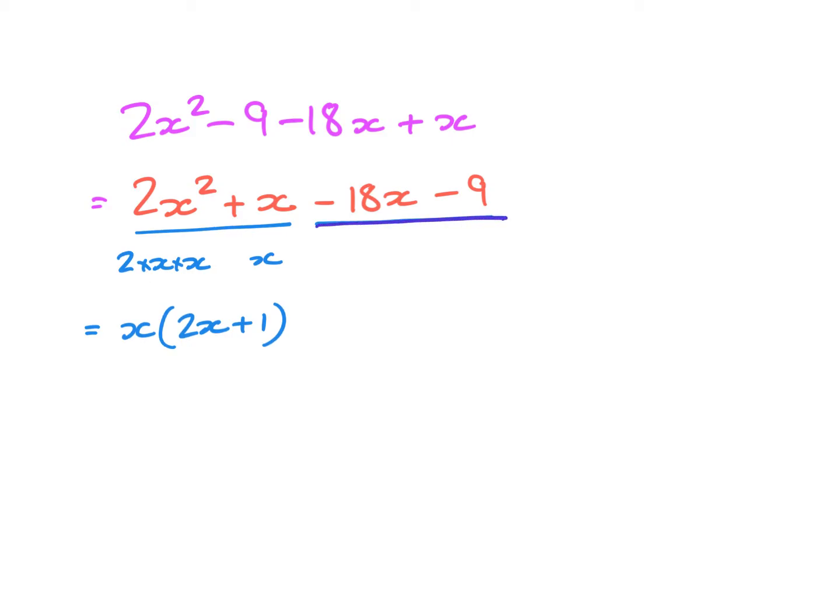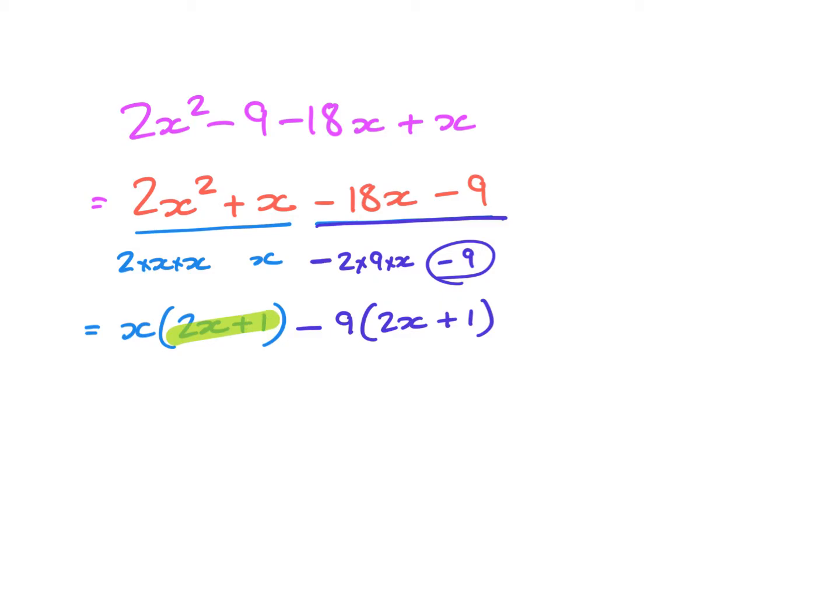Right, now the second lot over here, I know that I've got minus, that is common there, and that's going to be minus 9, and this is going to be 2 times 9 times x. So the minus 9x is common on both sides, so it's going to be minus 9, and inside my bracket I'm going to have 2x, and I'm going to have plus 1, because 9 times 1 gives me 9, or negative 9 in this case.